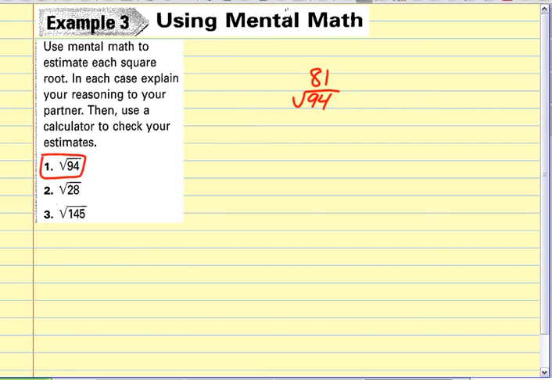Chloe, what's the perfect square right after 94? 100, okay? Now, Grayson, what is the square root of 81? 9.